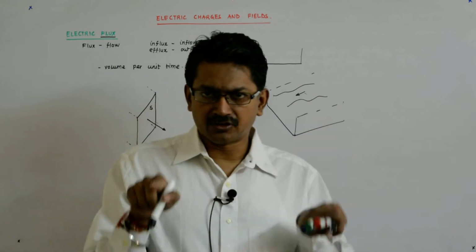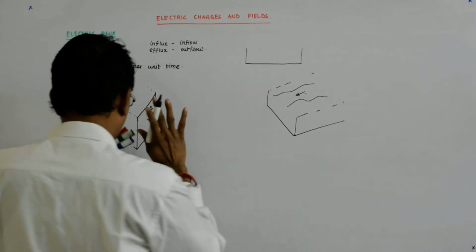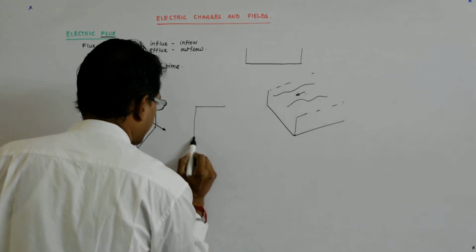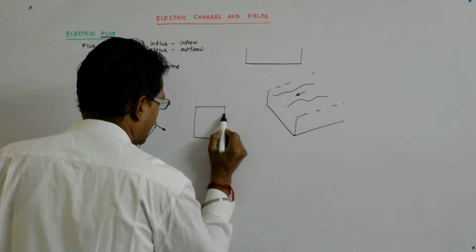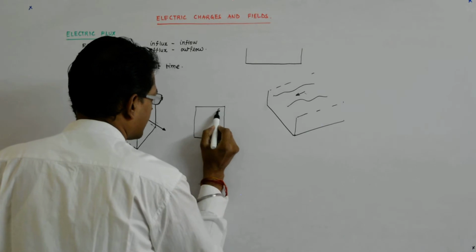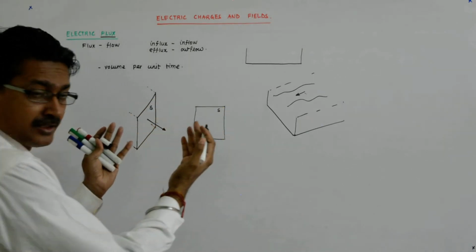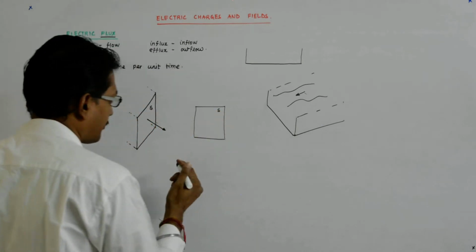So this is a cross sectional window. Looking from this side, it looks something like this. This is the surface area, and towards us, water is flowing.